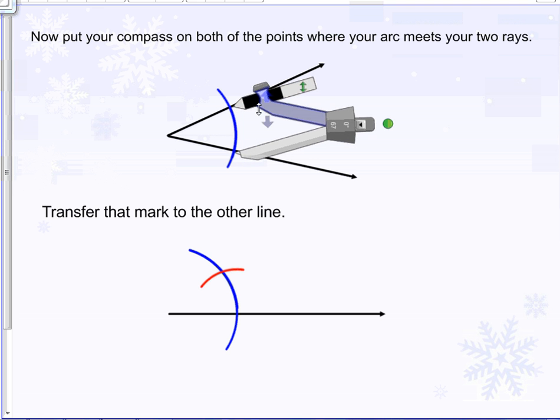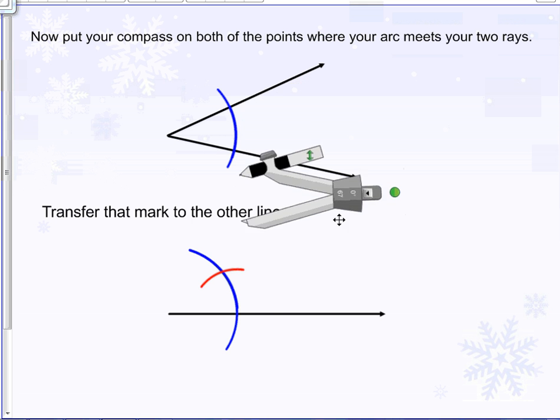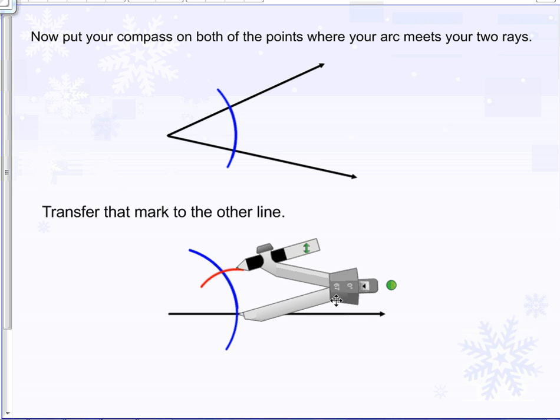Just like this, okay? Now you have the length between the two rays here. Transfer it down, put the point on one side where the arc that you created earlier and your ray cross, and create another arc.